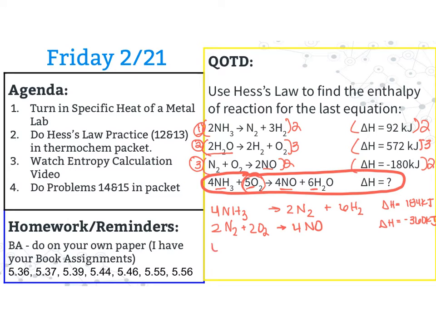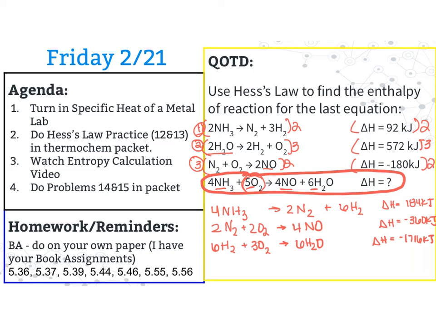So I've got 6 H2, 3 O2, and that is going to give me 6 H2Os. And when I do that calculation, I end up with negative 1,716 kilojoules.